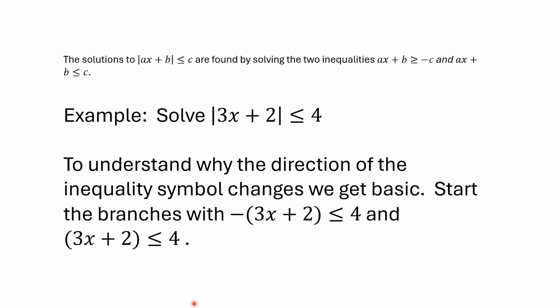Yeah, it does add an extra step, but we add the understanding. Memorizing that flipped sign just begs to cause problems. We go over this also in my absolute value equation video.